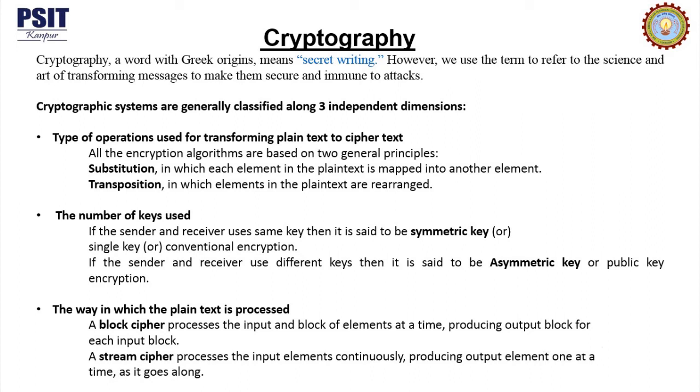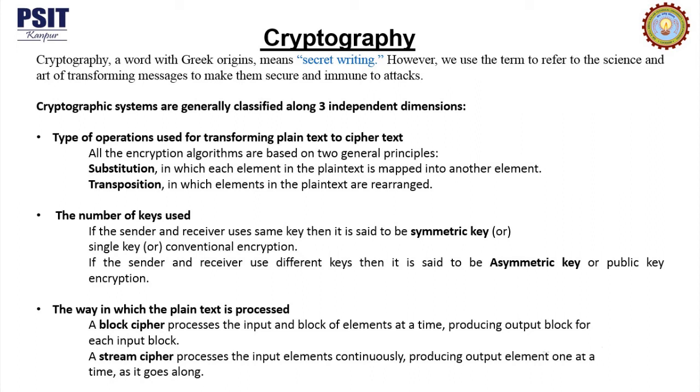Okay, we will shuffle the locations of the characters or alphabets available in the plaintext. Then another dimension of cryptography is the number of keys used. According to the number of keys used, cryptography is divided into two types: symmetric key cryptography and asymmetric key cryptography.